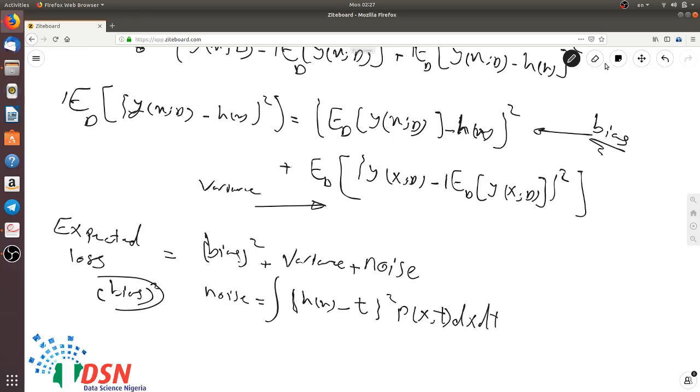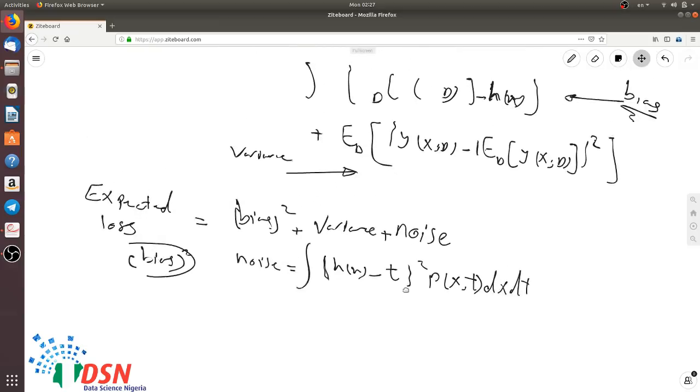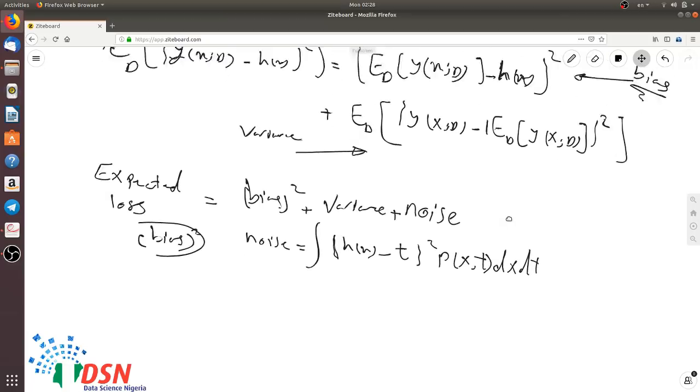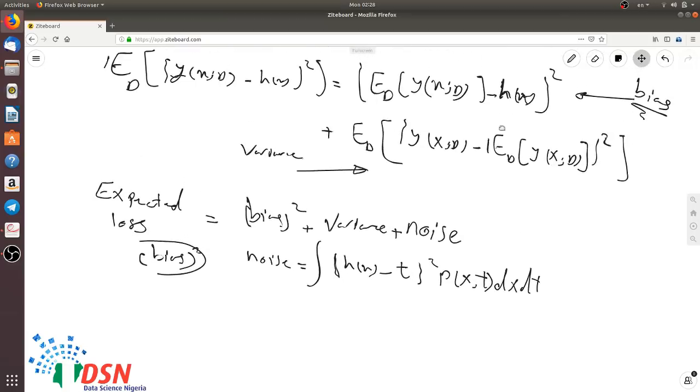Okay, so maybe it is a little difficult to understand, but it is very important to have intuition for this. What you should know is that there is a balance in here. There is a balance between bias and variance.